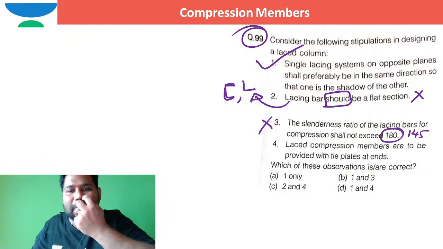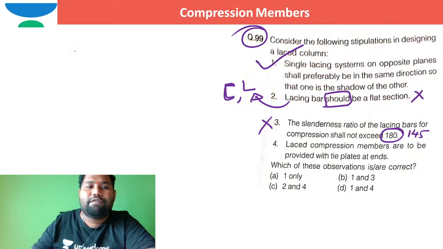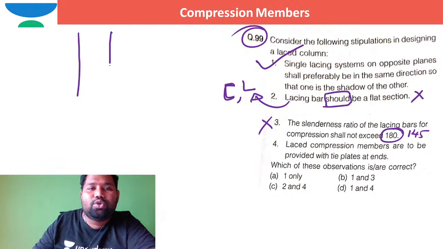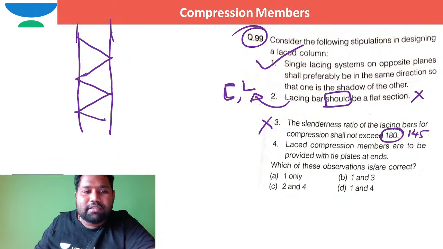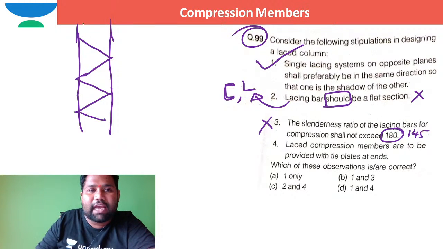And coming to laced compression members being provided with tie plates at the ends. If we have tied two rolled members, or more than two rolled members, with the help of lacing, then at the ends I definitely need to use batten plates, which are also called tie plates.